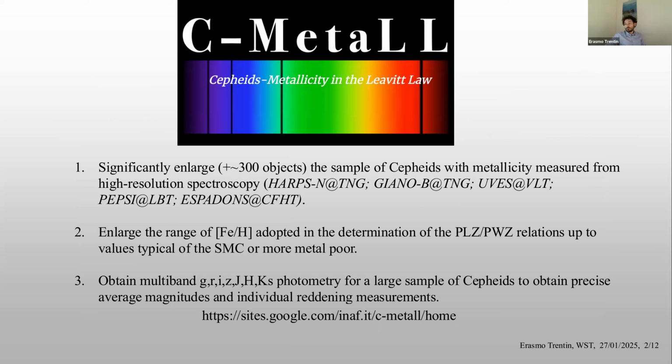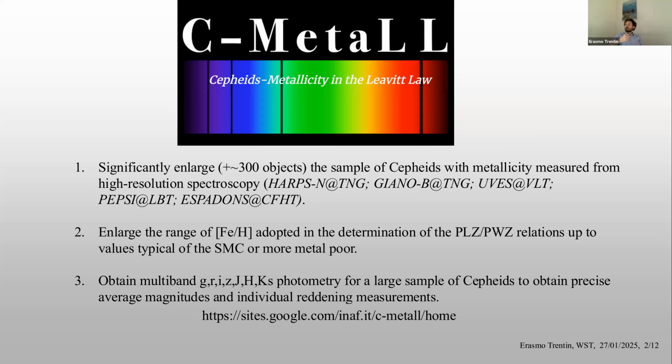This project that saved my PhD, born around 2019, has as its main objective the idea of studying the dependence of the period luminosity relation on the metallicity using classical Cepheids located in the Milky Way disk, taking advantage of the well-known radial metallicity gradient.